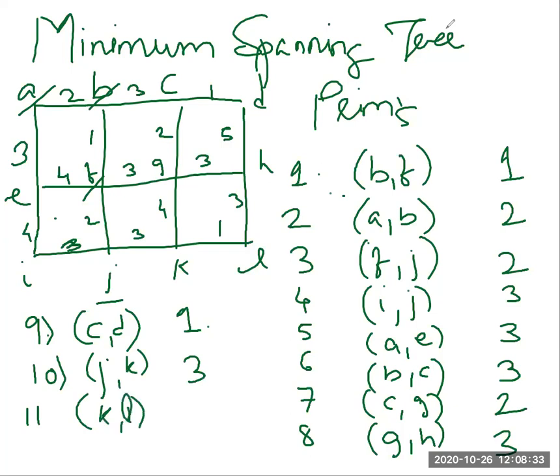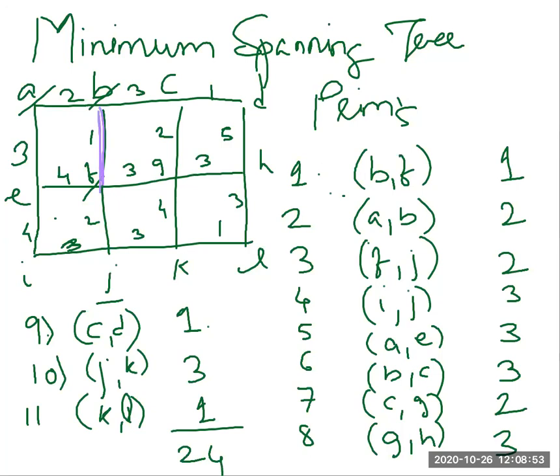K to L. If you add this, 3 plus 1 plus 4, 5, 8, 10, 19 plus 5. So the total weight comes up to be 20. Now, which was the first edge selected?